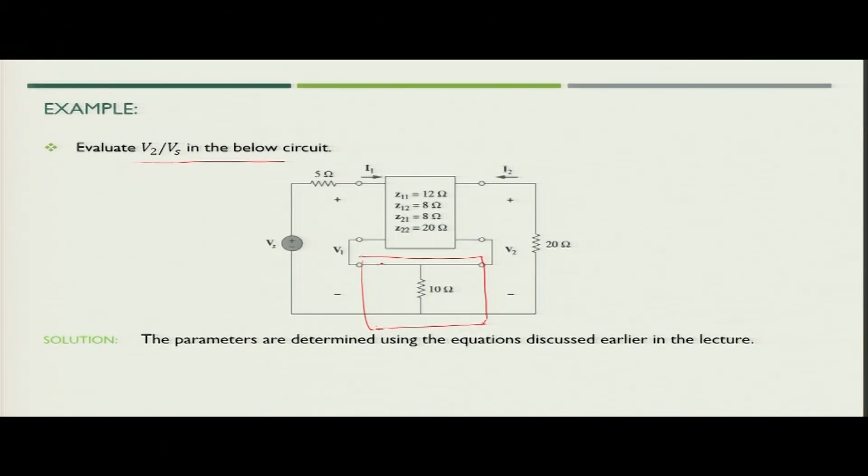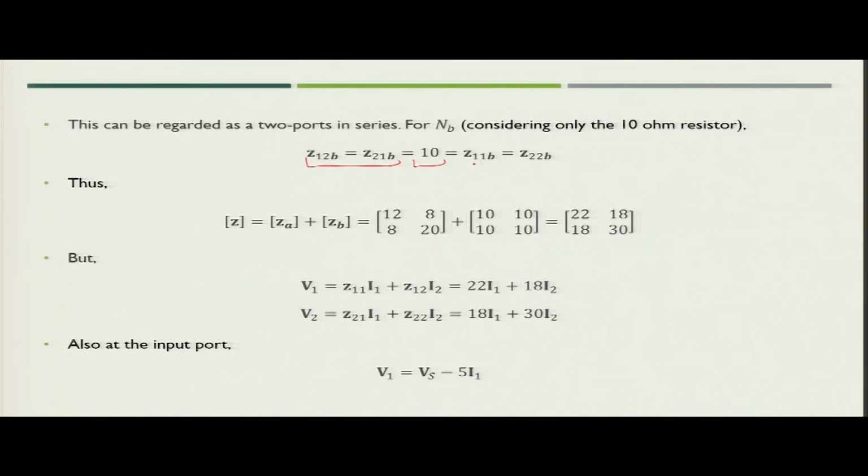So, Z11 would be the summation of these two and Z22 would be the summation of these two, but finally Z11 and Z22 will remain the same because we have only one 10 ohm resistance. So, what we can write? We can simply write Z11B and Z22B also equal to 10.